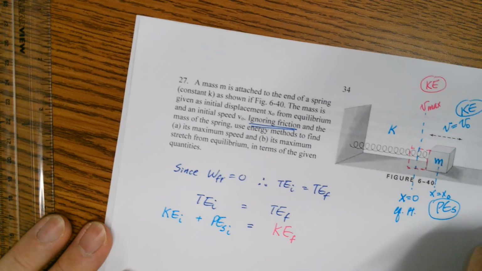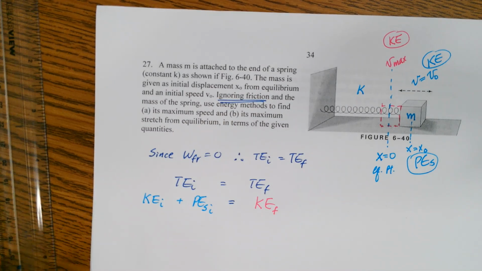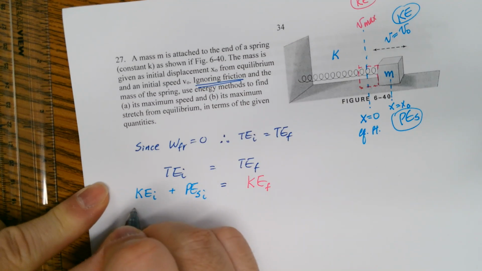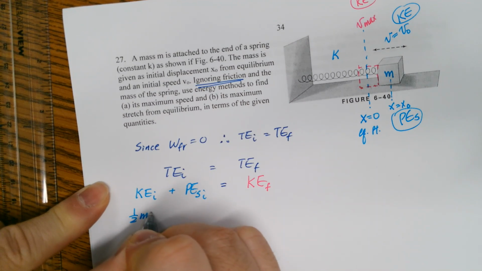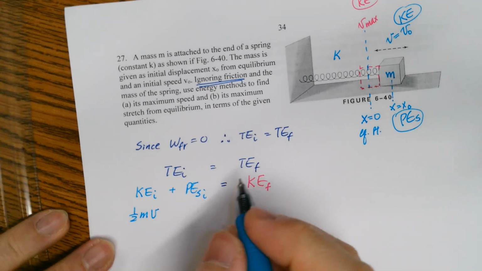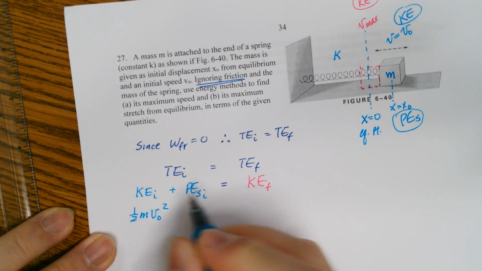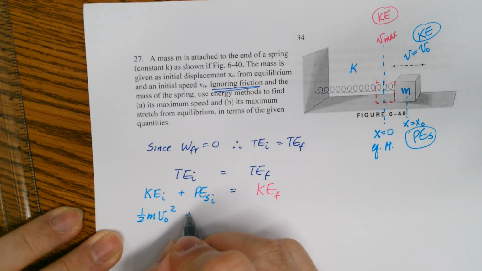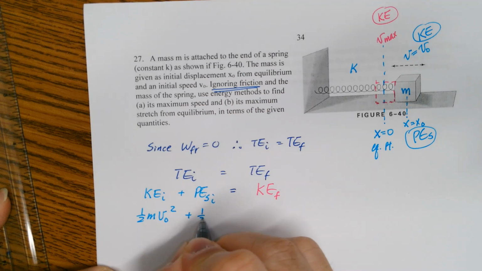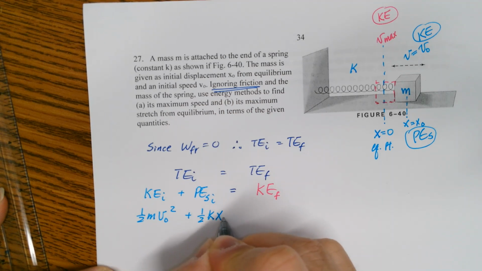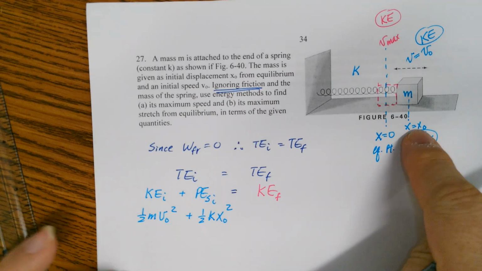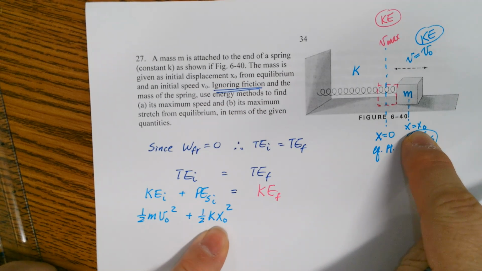Therefore, here I have kinetic energy is equal to 1/2 m v initial, which is just v naught squared, plus 1/2 k x naught squared, where x naught is my initial position of stretch.